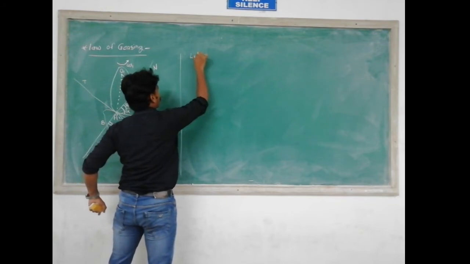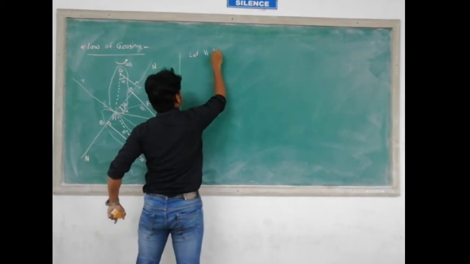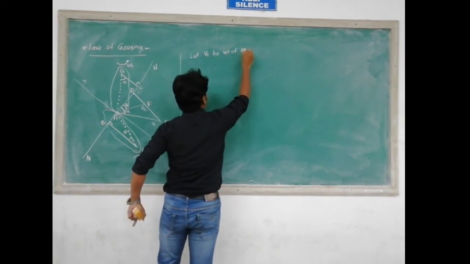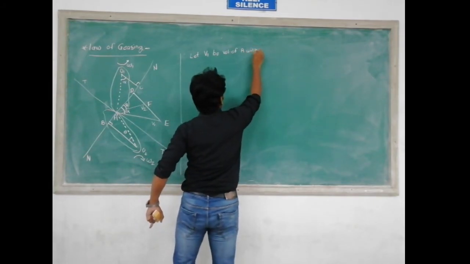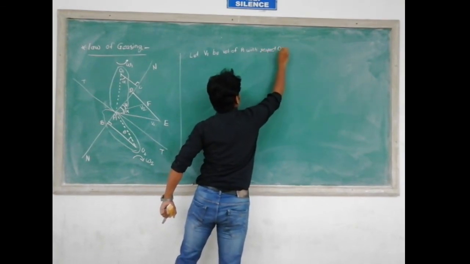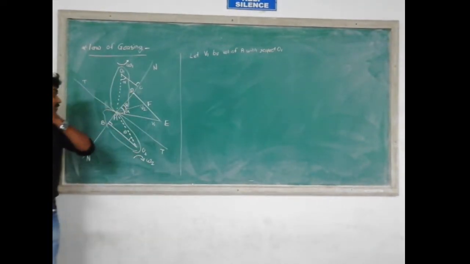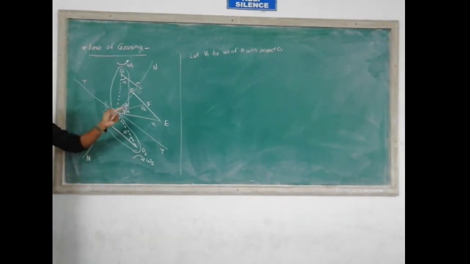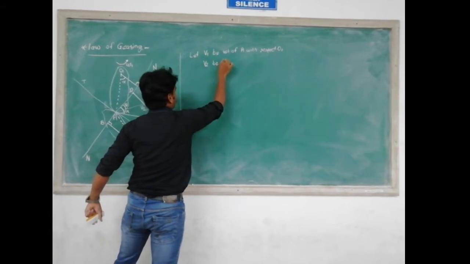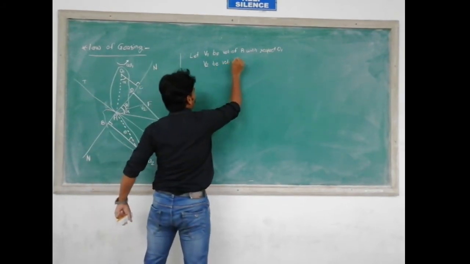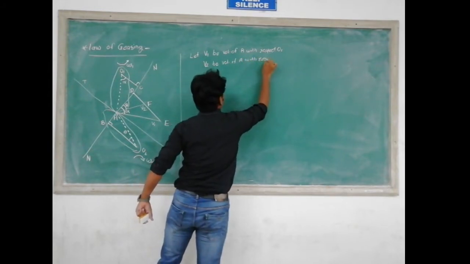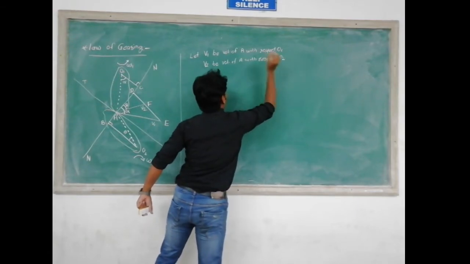Now let V1 be the velocity of point A with respect to O1, and V2 be the velocity of point A with respect to O2.